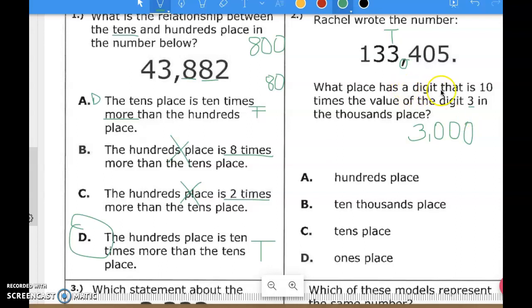So you need one that is 10 times the value. So you need another 3 with 10 times the value. So that will be this number right here, because when you are multiplying times 10, you just add zeros.